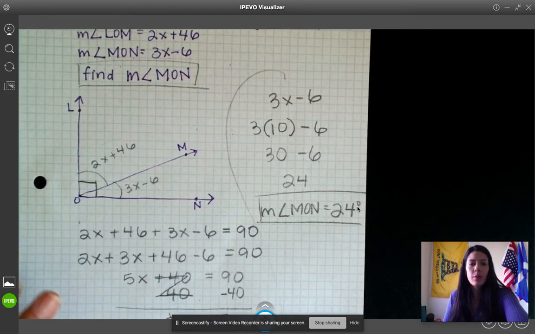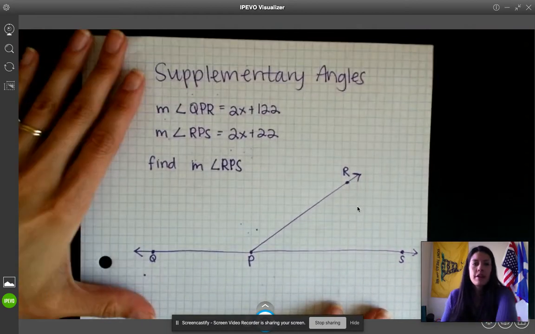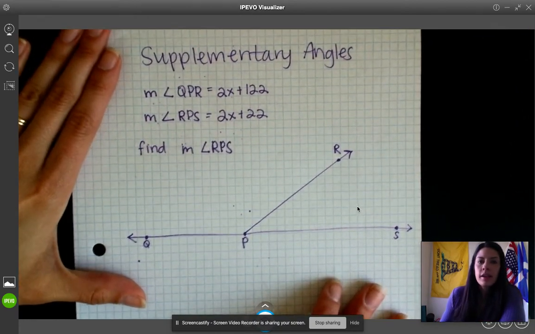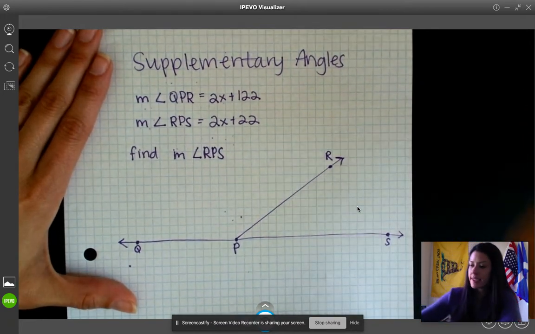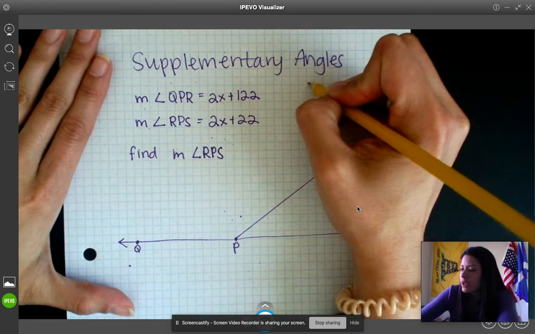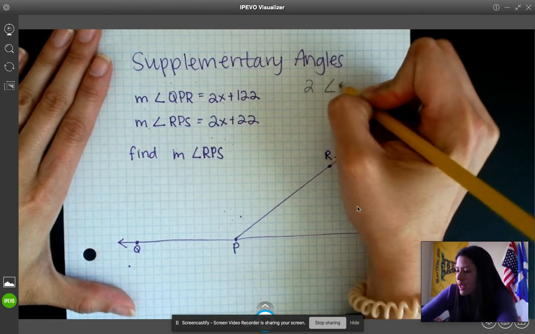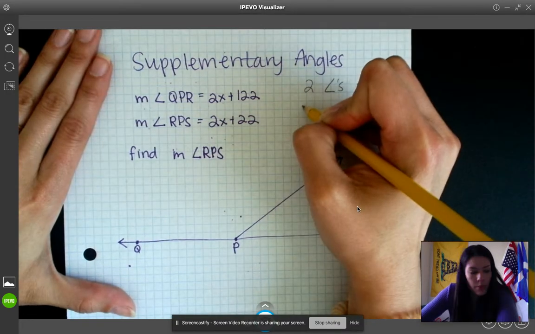Okay, that was with complementary. The next one we're going to be looking at is supplementary angles. You know that supplementary angles are two angles that when added together make 180 degrees.